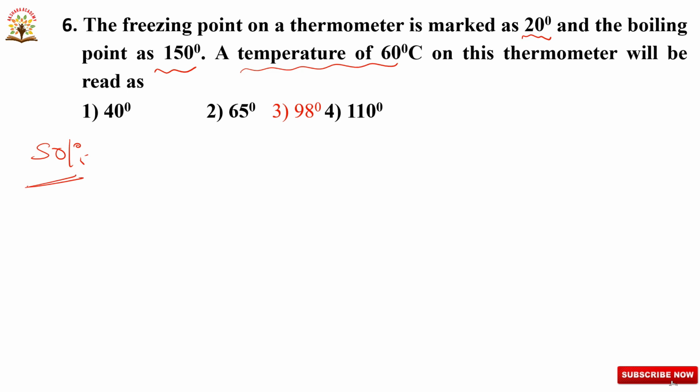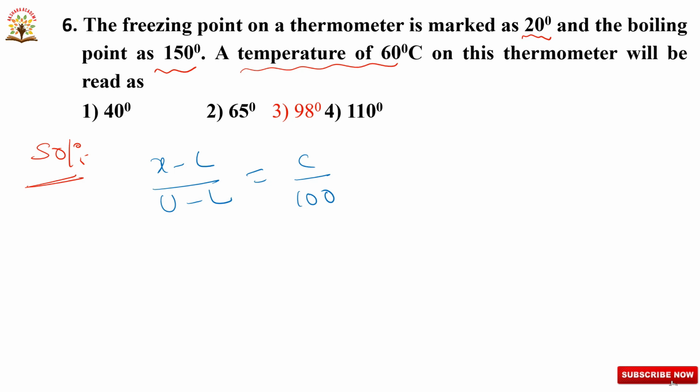Here they have given the lower fixed point as 20 degrees and the upper fixed point as 150 degrees. So (x minus L) by (U minus L) is equal to C by 100. L is 20 and U is 150, and C is the temperature on the correct thermometer, 60 degrees.